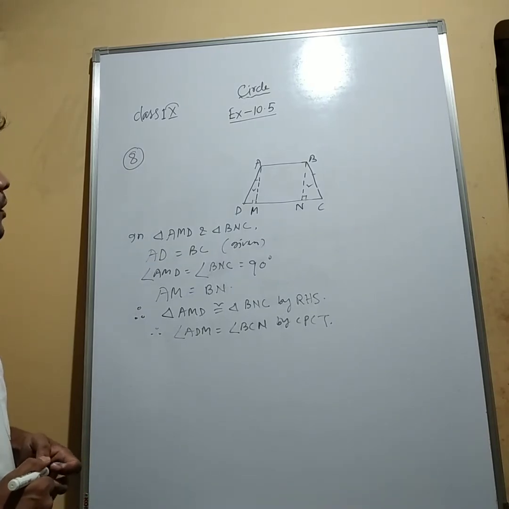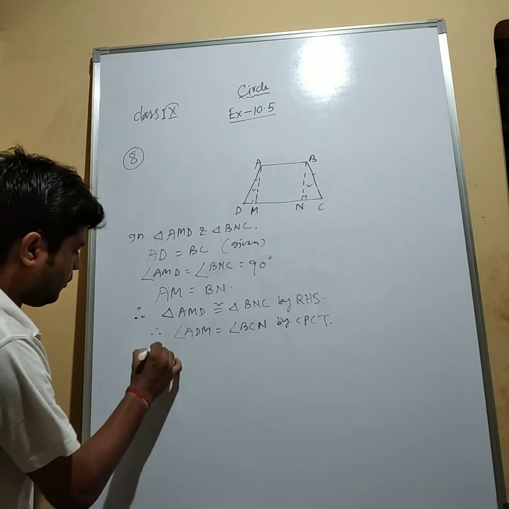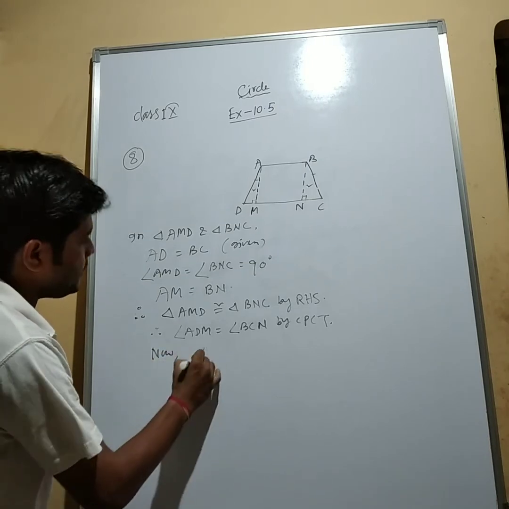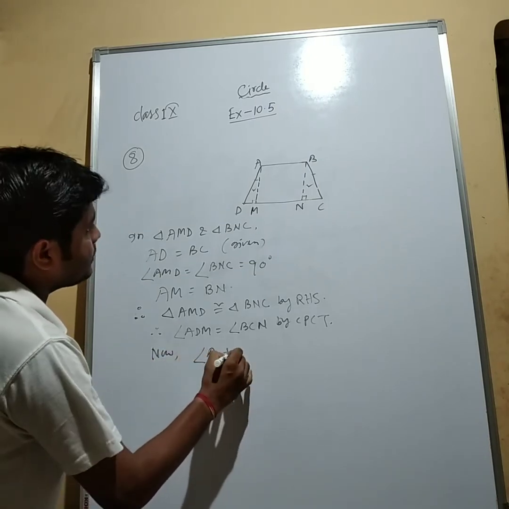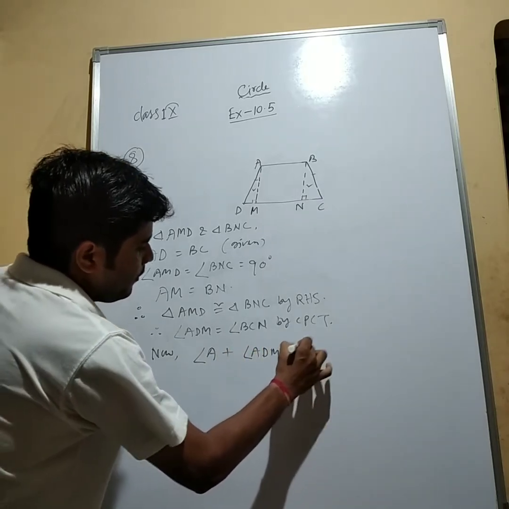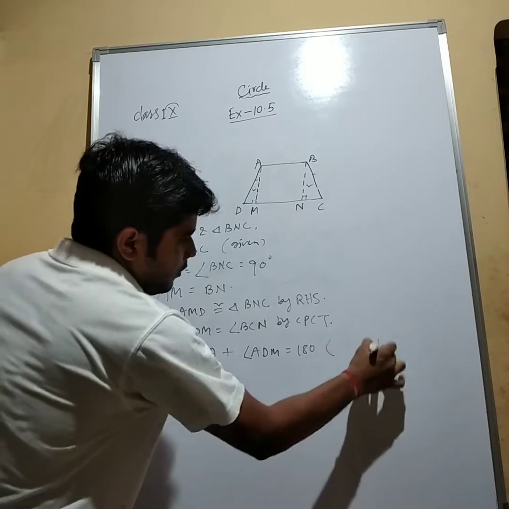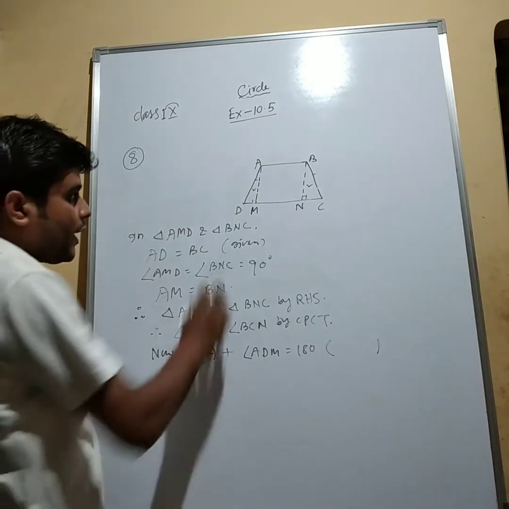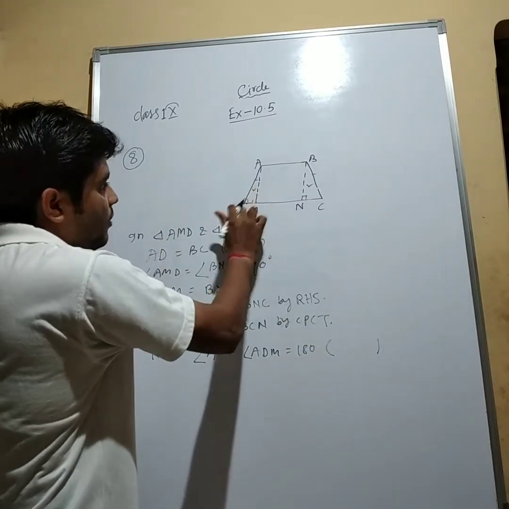Now, this angle A plus angle ABM is 180, within brackets, co-interior angles. Now this angle D means what?